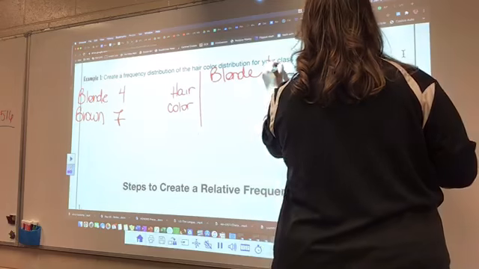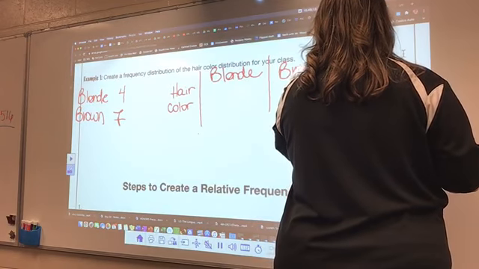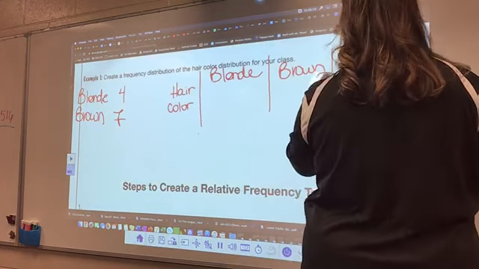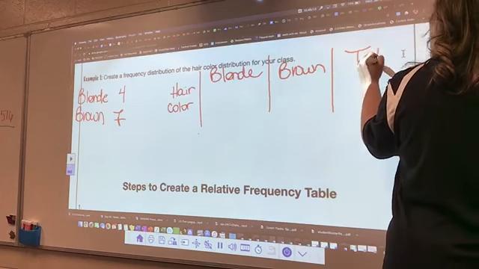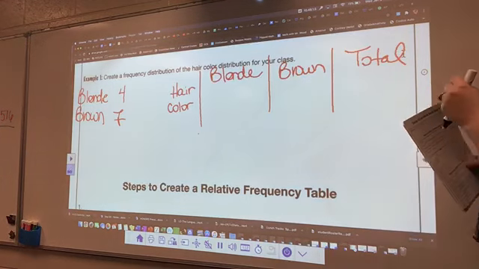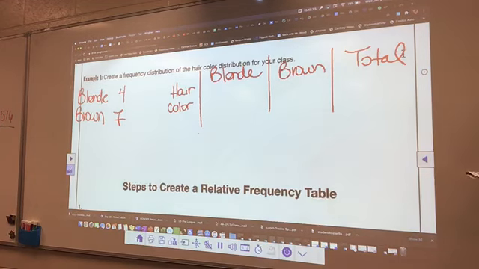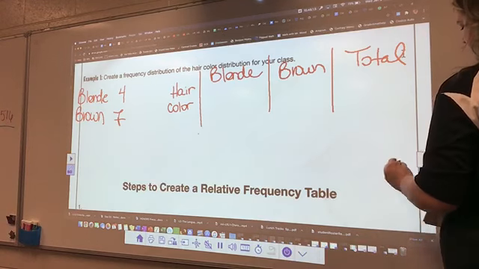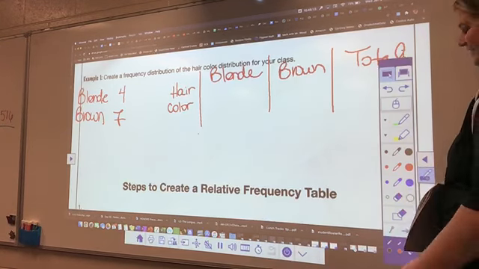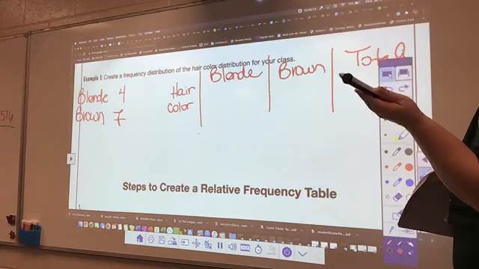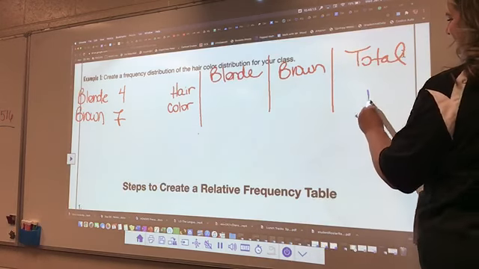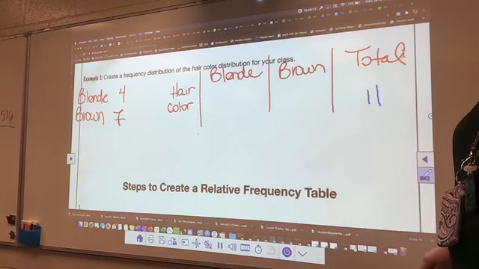And then we have brown. And then our last one will be total. We better have 7 for our total, because that's how many we've got.